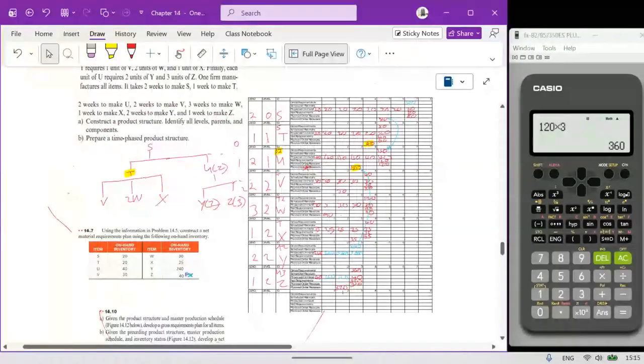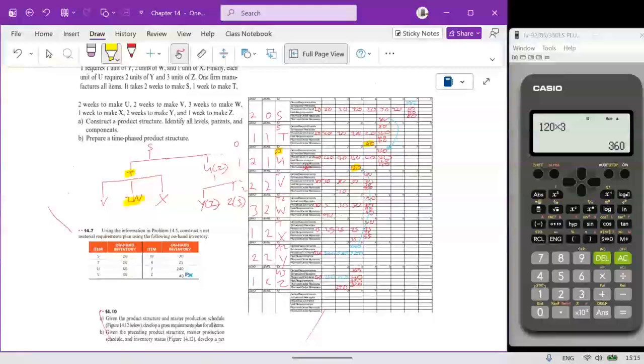There is a possibility I could say, give me a net requirement for W. And what will happen here? You ignore this, you ignore this, you ignore this.